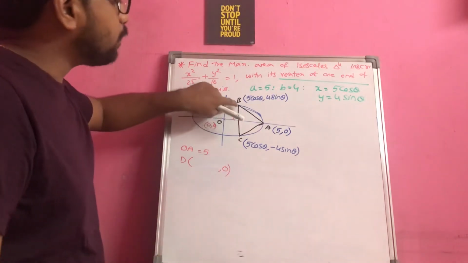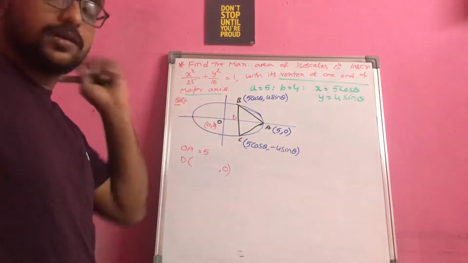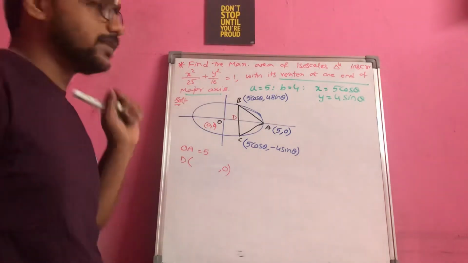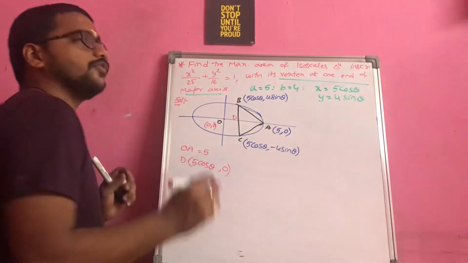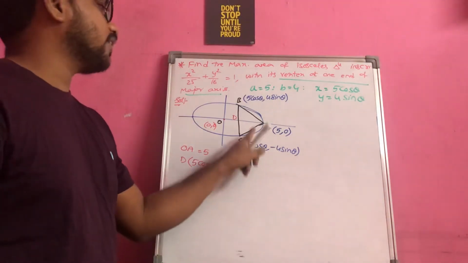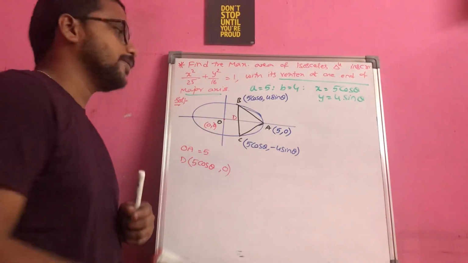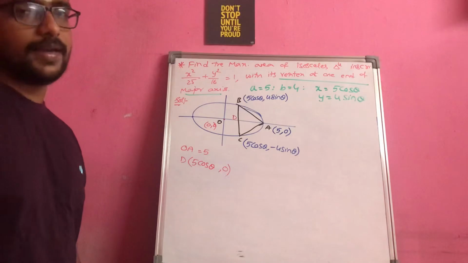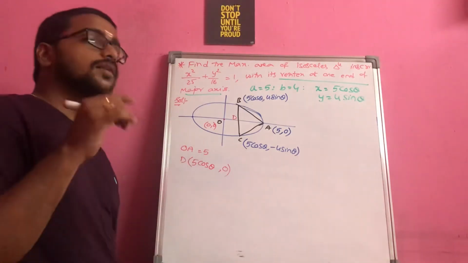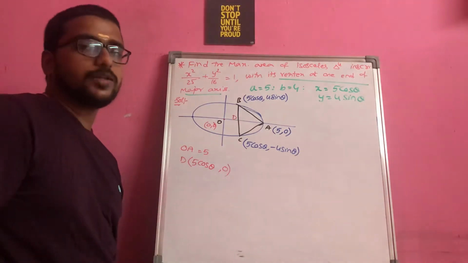And this D is on the line BC, which is parallel to the y-axis. Parallel to the y-axis means the x coordinate will be 5 cos theta. Because this is 5 cos theta, this is also 5 cos theta, and as BC is passing through D, the D coordinate should be (5 cos theta, 0), as it is on the x-axis and the y value is 0, right?